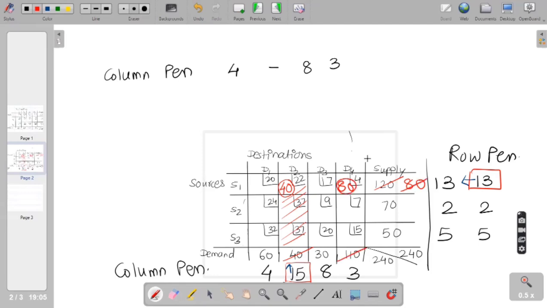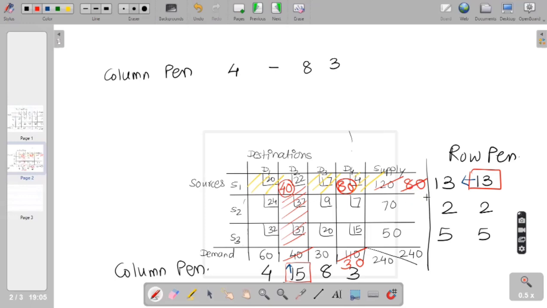That is how the supply at source 1 is exhausted completely, utilized completely. So there are no more units available at source 1, but there is a demand of 30 units at destination 4. So that 30 I have written again.